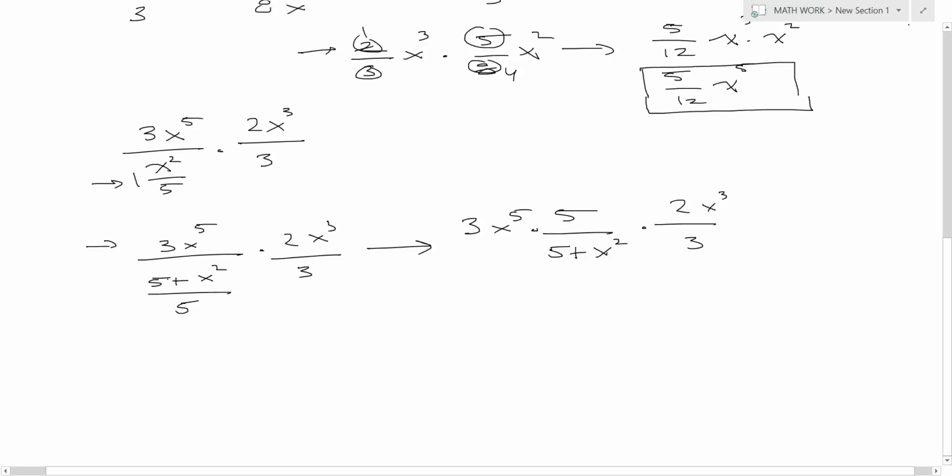Now we're multiplying. Consider that over 1. Why not? It's a fraction times a fraction, multiplying this times that times this times this, right?